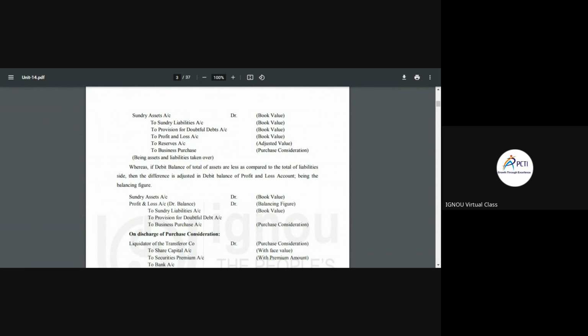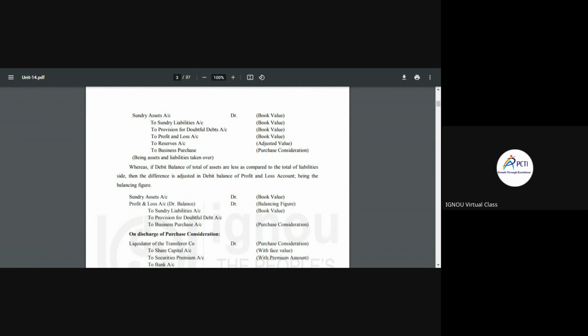All the amounts in this entry will be the book value. In the case of reserve account, the amount will be the adjusted value, and in case of business purchase, the amount will be the purchase consideration.